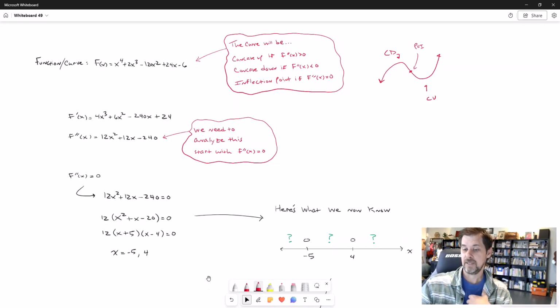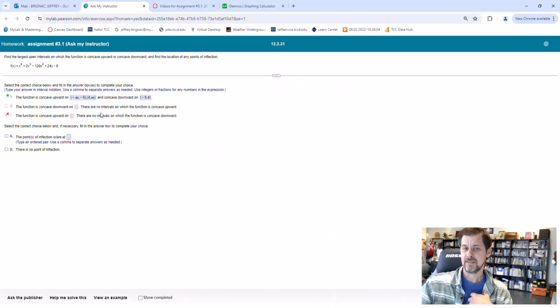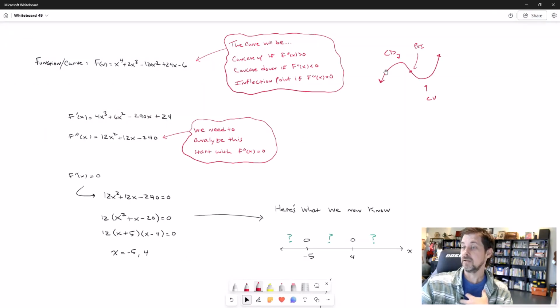So when I go back to this question and it says, where's the function concave up and where's it concave down, and what are the point or points of inflection, that's what it's asking for. If our curve were to appear like that on any region, that would be the part where it's concave down.